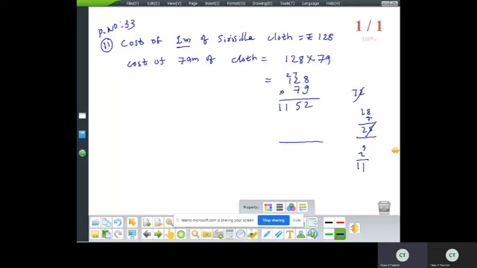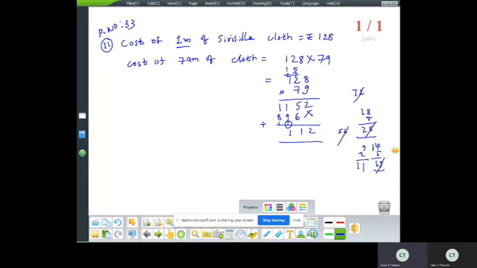As in 79, the first digit 9 is over. The second digit, that is 7, in the tens place. Once 10, start here. 7 times 8 is 56. Now 6 right here. 5 is carried. 7 times 2 is 14. 14 plus 5 is 19. 9 right here. 1 is carried. 7 ones are 7. 7 plus 1 is 8. Now we do addition. 2. 5 plus 6 is 11. 1 is carried. 1 plus 9 is 10. 10 plus 1 is 11.